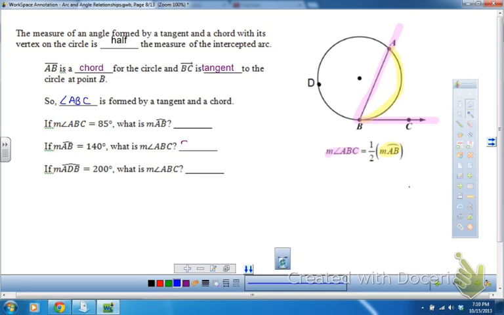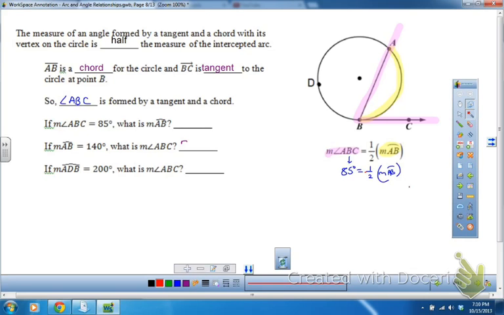If the measure of angle ABC was equal to 85 degrees, and you wanted to find the measure of the arc, well, to get the measure of the arc by itself, you could multiply both sides by 2.